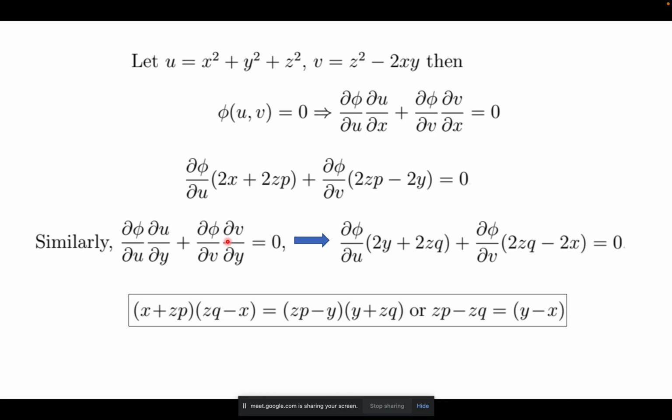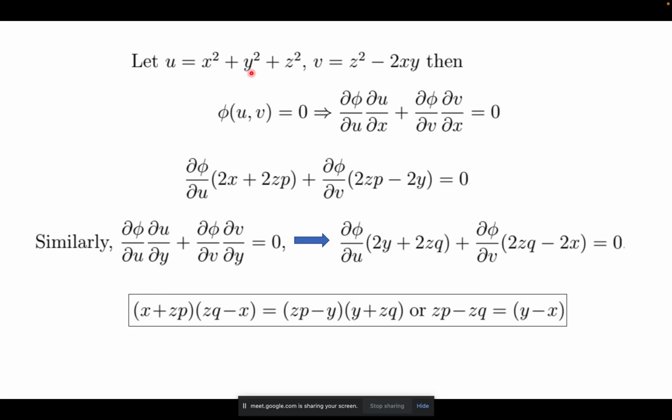So you will have del phi by del u times del u by del y plus del phi by del v times del v by del y, right? And again you need to find the values of del u by del y and del v by del y. So if I calculate the value of del u by del y, I again go to this equation and take the derivative.